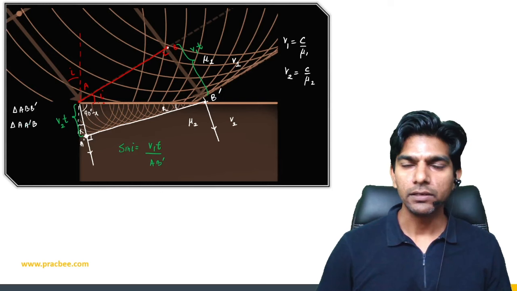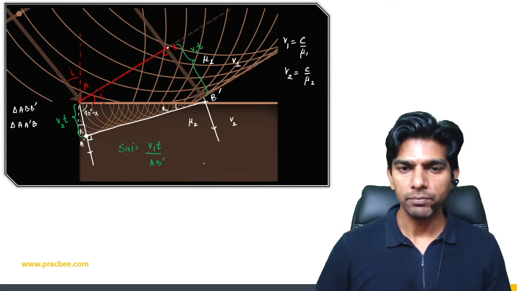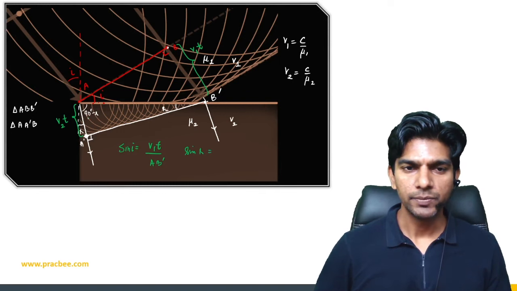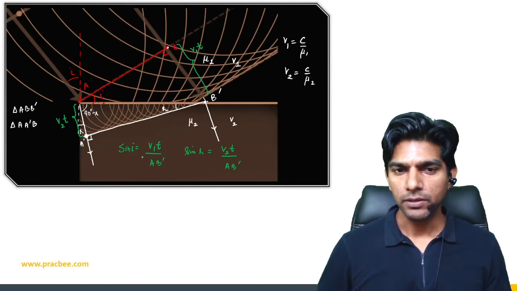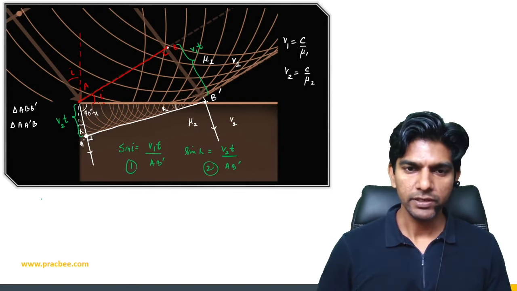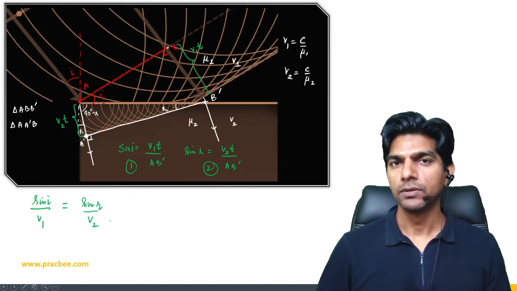Similarly, in right angle triangle A prime B, we can write sine R as perpendicular, which is V2t, divided by the hypotenuse, which is AB prime. Now, if we compare equation 1 and 2, then we can say sine I divided by V1 is equal to sine R divided by V2.